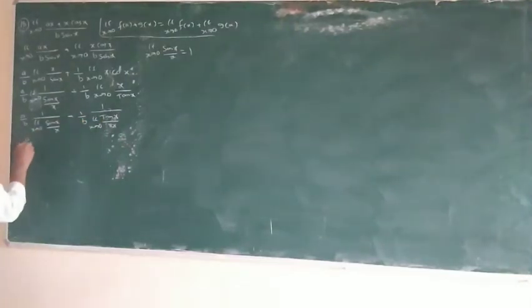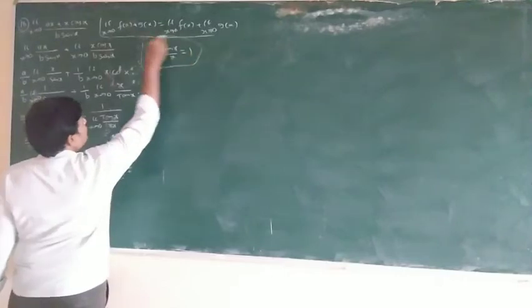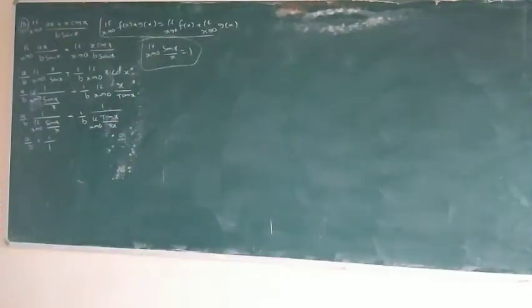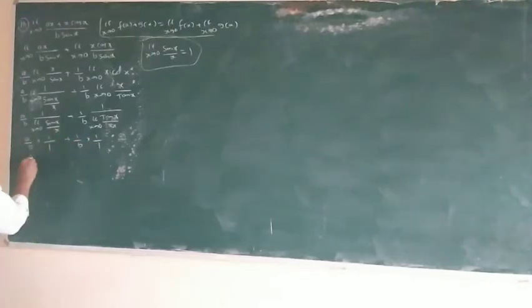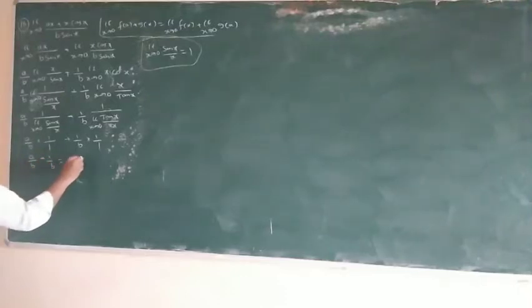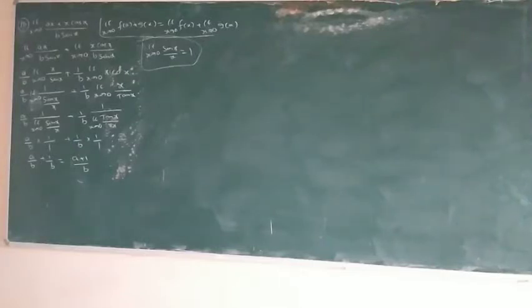That is a by b into 1 by 1, because sin x by x is 1 and tan x by x is 1, plus 1 by b into 1 by 1. So a by b plus 1 by b is equal to (a plus 1) by b. This is problem number 18.